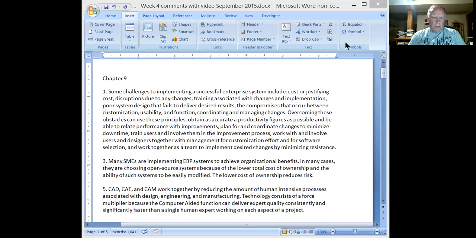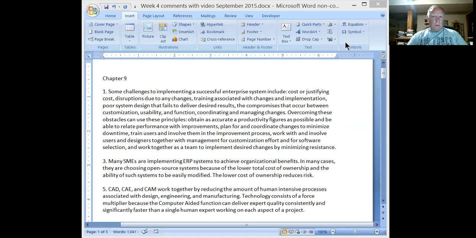All right, number 3, many small to medium enterprises are implementing ERP systems. They do that to achieve the results and the benefits of having good enterprise resource planning. In many cases, they will use open source systems because of the incredibly lower cost.